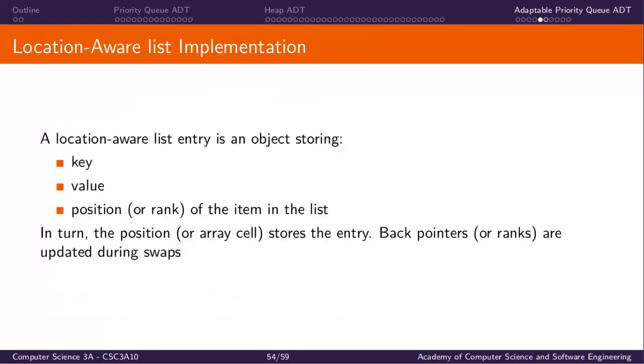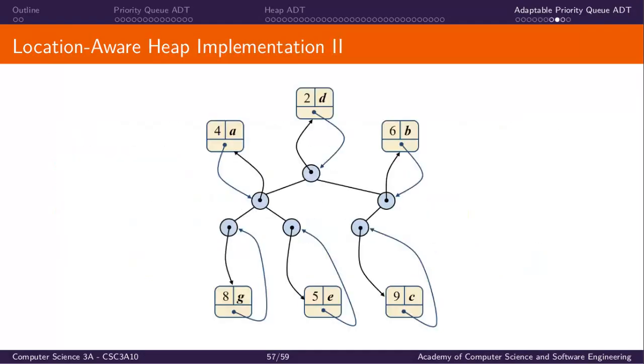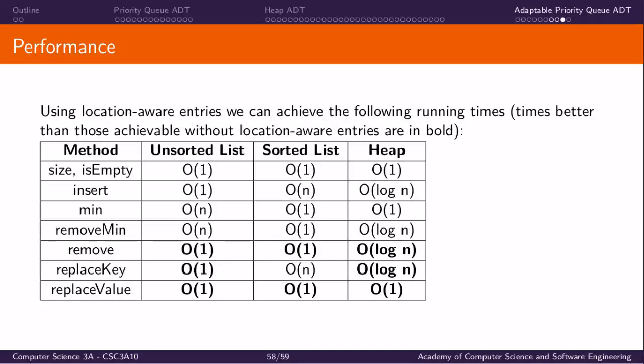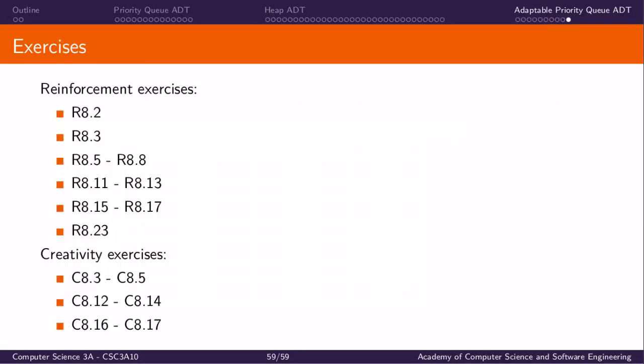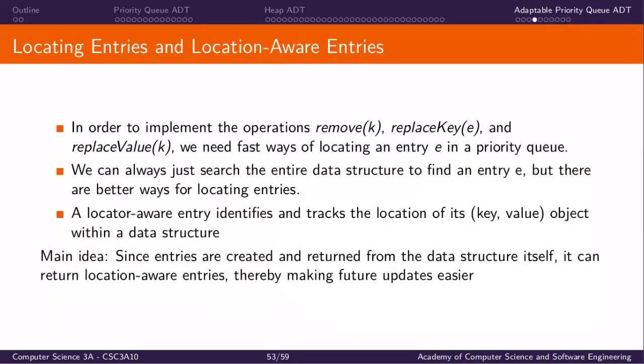We're going to have some way of knowing where an entry is, and that brings up this idea of a location-aware entry, so that each entry stores a reference to its location. And if this was in an array, each entry would then store its particular index.